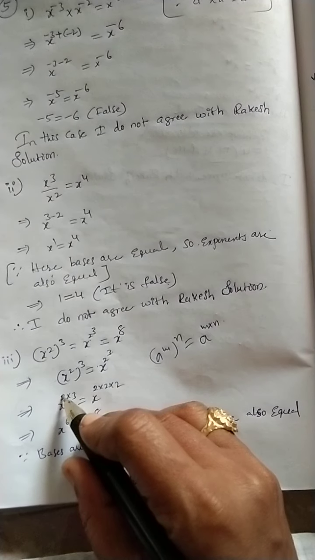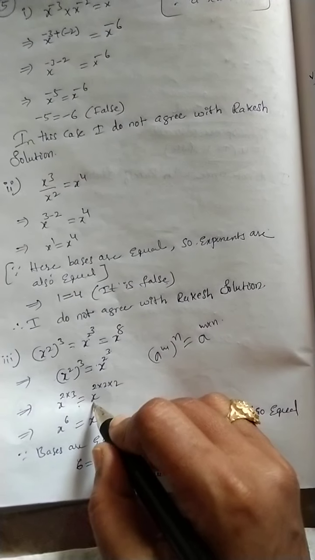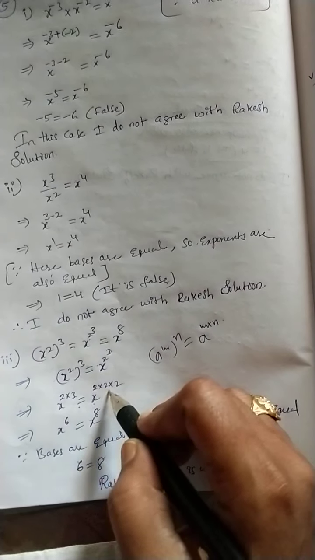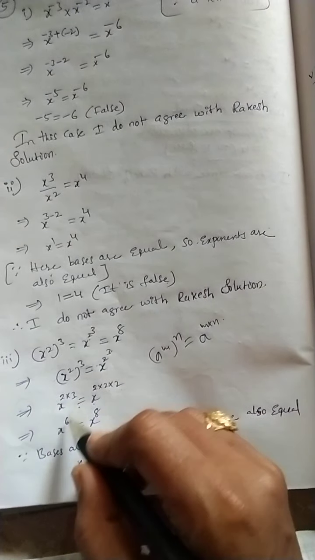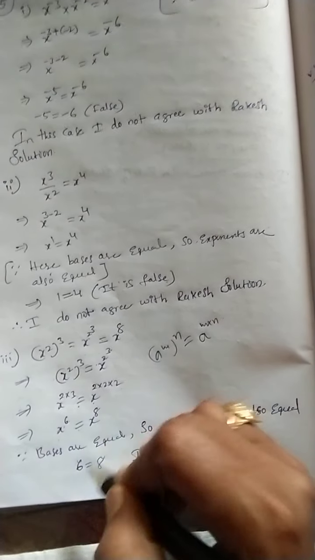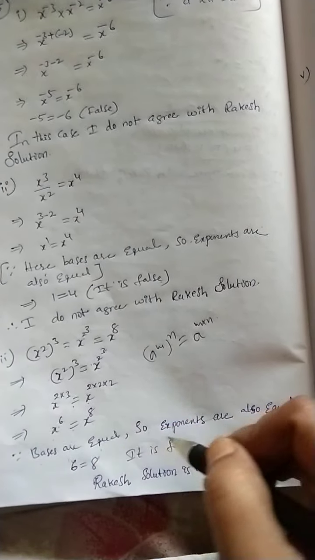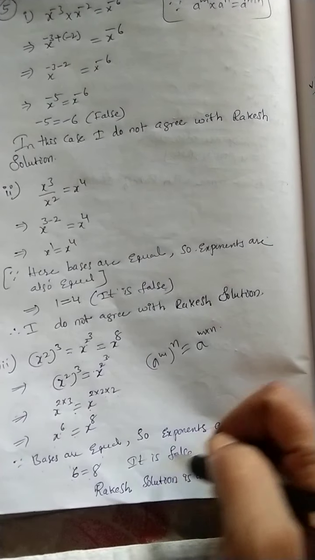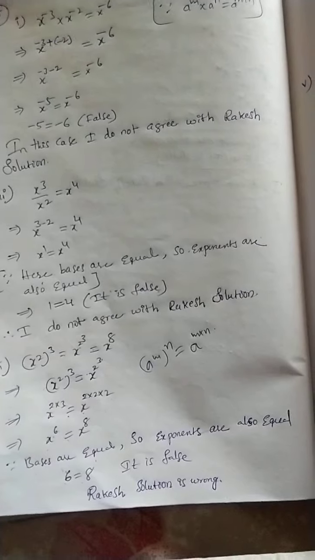So x power 2 into 3, which is x power 6, is equal to x power 8. Bases are equal, so exponents are also equal. 6 is equal to 8. It is false. Rakesh's solution is wrong.